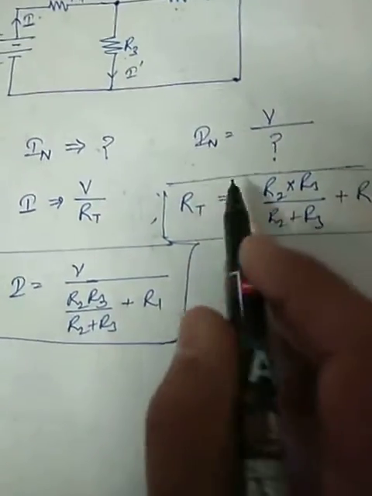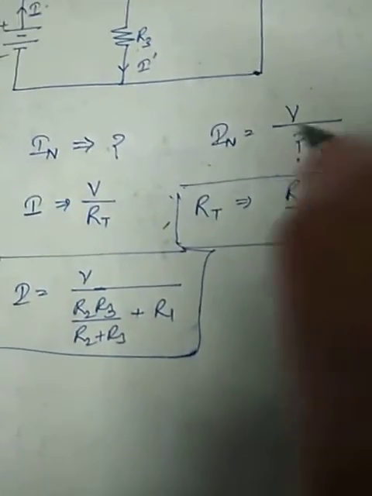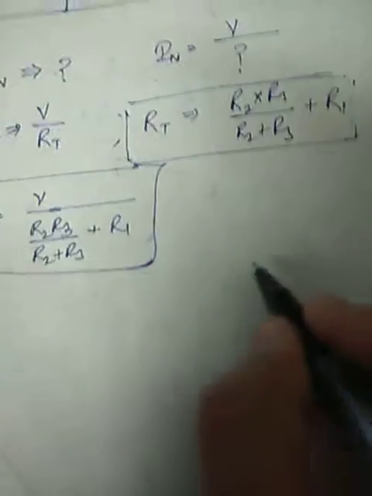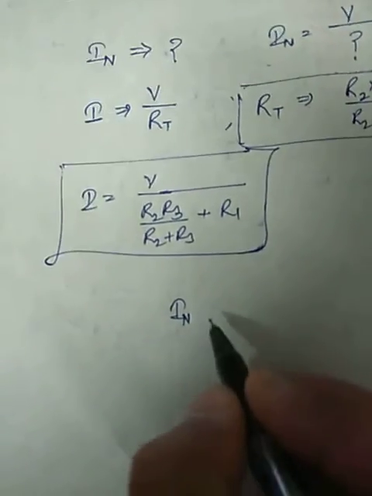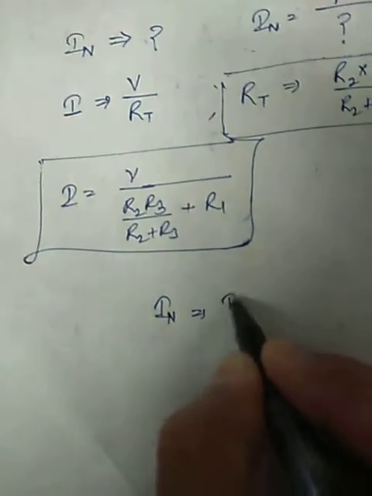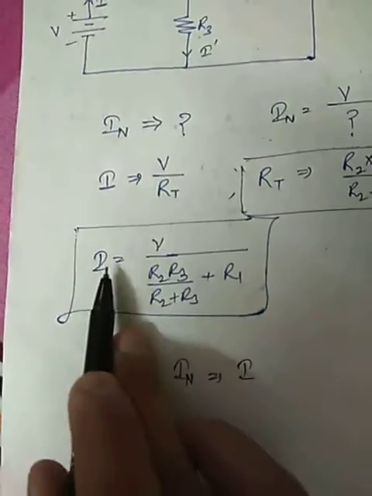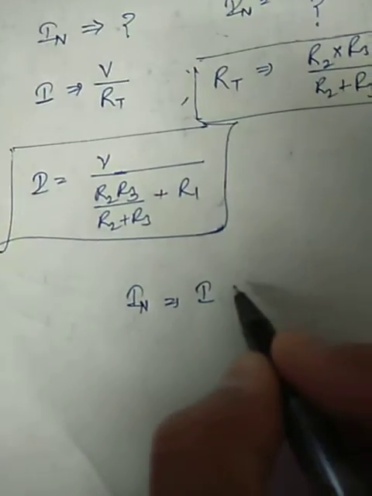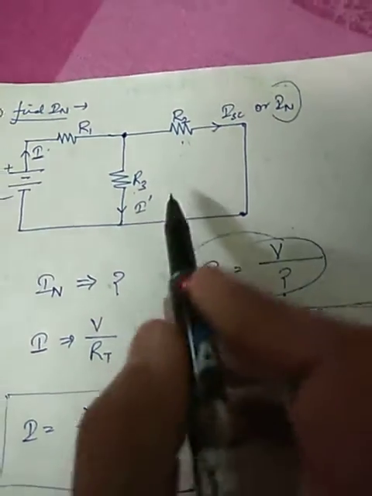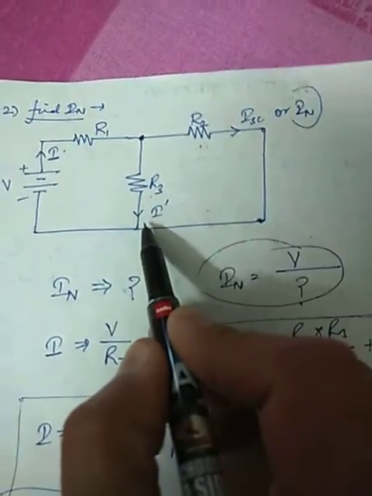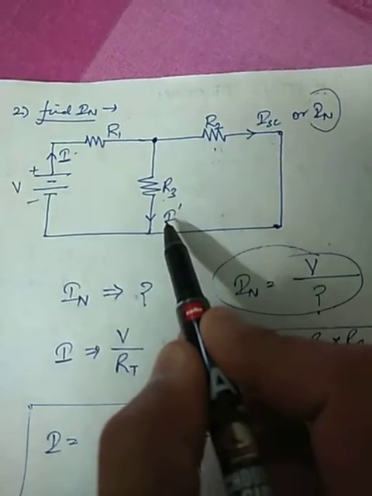So the formula of the Norton current will be, we will put the total source current I into the resistance of the other branch, on which the I dash current is flowing.